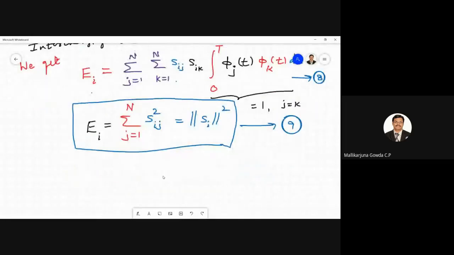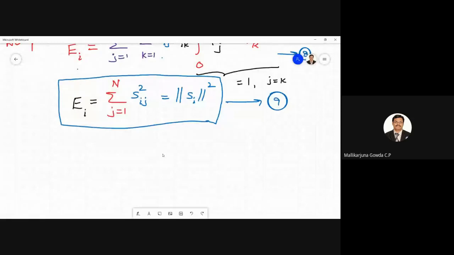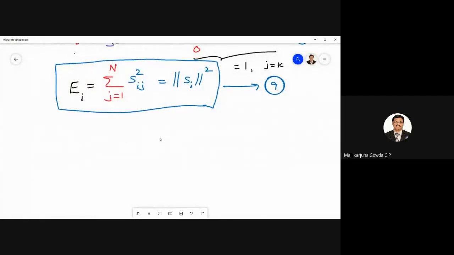So this is an important relation, and many times they have asked for this proof also. Prove that the energy of the signal is related to the squared length of the signal vector. This is how you should prove. You should start with the definition of the energy of a signal, then substitute what is Si of t.